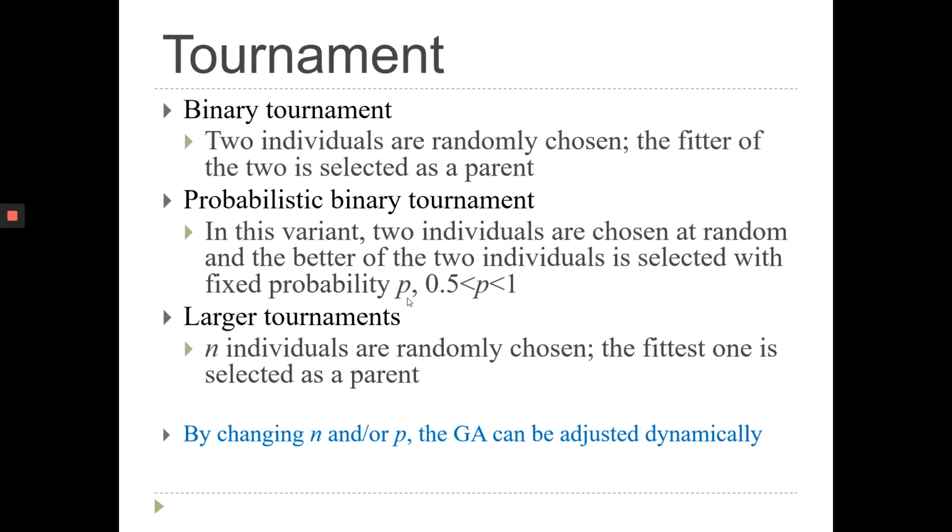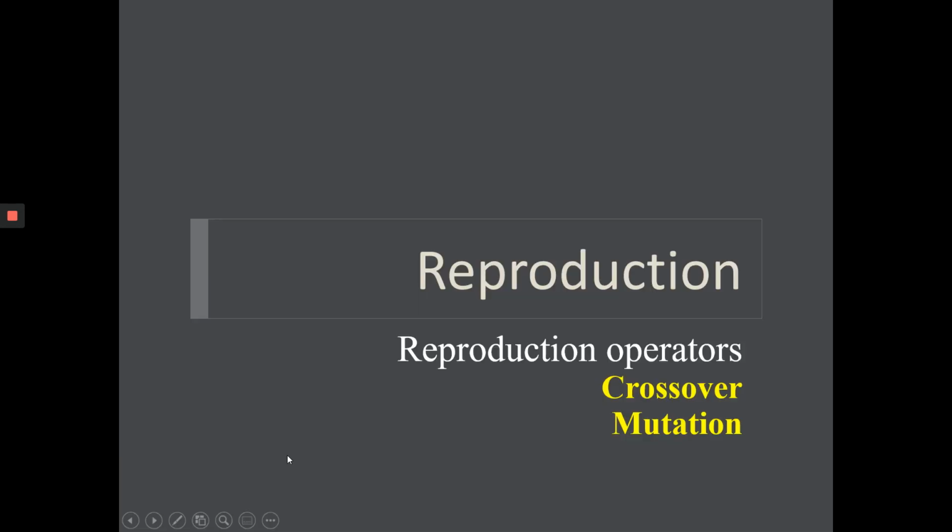So we can use tournament also, or roulette. Larger tournaments mean n individuals are randomly chosen and the fittest one is selected. So there is large, binary, or probabilistic. Large means you select many solutions, then you select the fittest one, meaning the best one, using the fitness function.